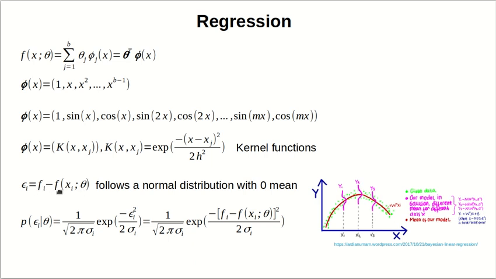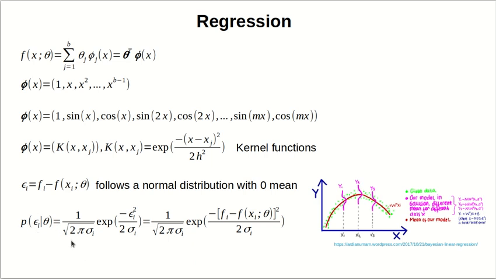Your label and your prediction are going to be very similar, and in that case the conditional probability is going to be big. But if you happen to choose a very poor theta, then this prediction could be very different from the actual observed label f i. Epsilon i is going to be big, and then this conditional probability is going to be small.